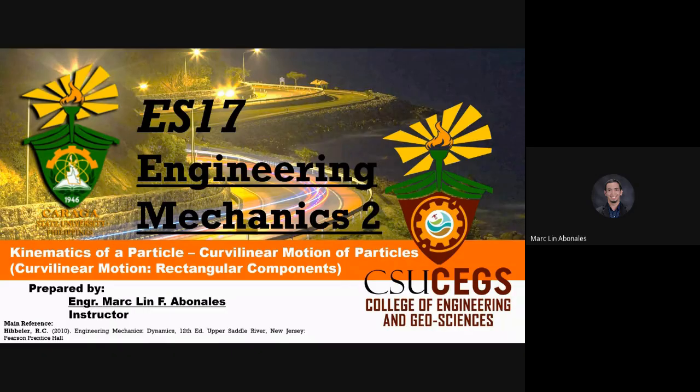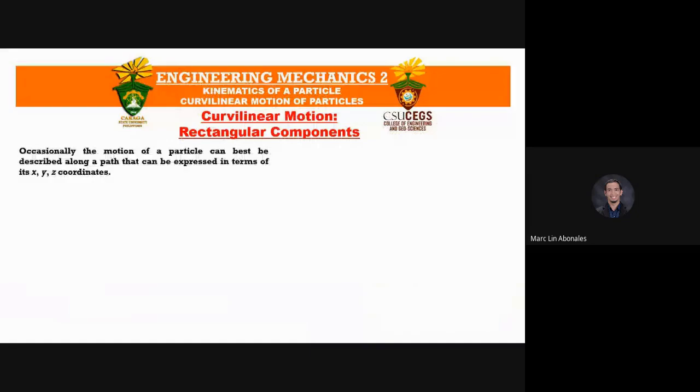So talking about the curvilinear motion for rectangular components, occasionally the motion of a particle can best be described along a path that can be expressed in terms of the x, y, z coordinates.